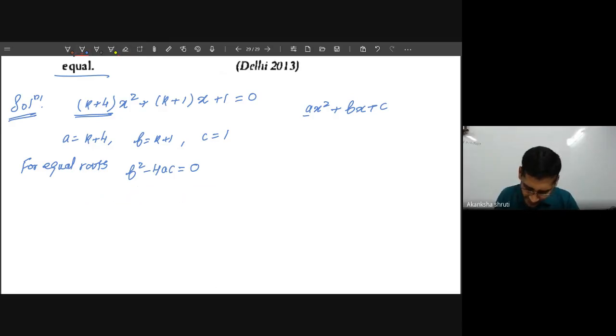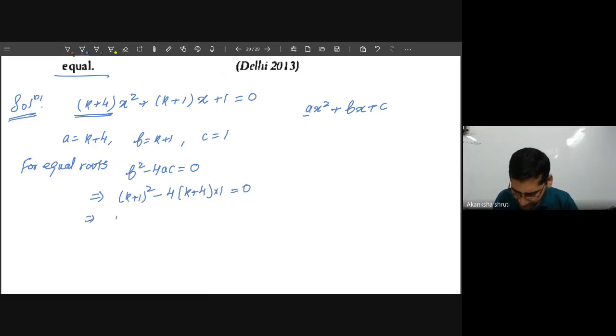Just wait. So b was correct. b is k + 1, this one, minus 4 times a, which is k + 4, this one, and c is 1, equals 0.